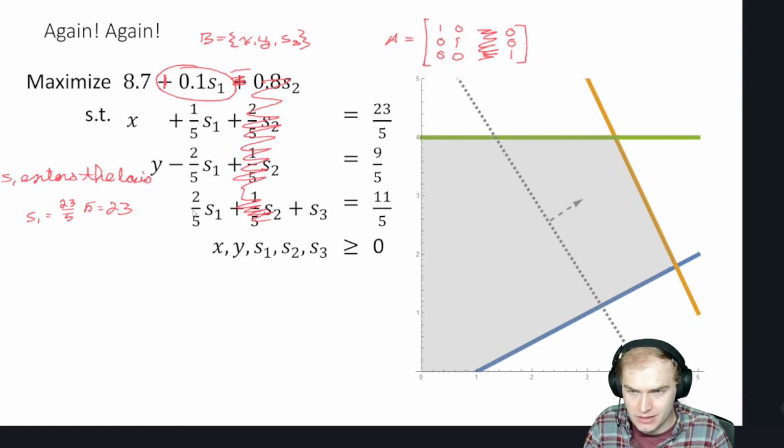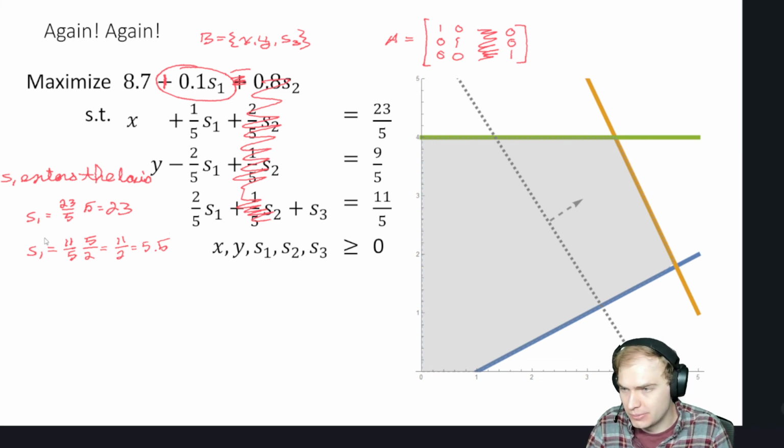The third constraint gives us S1 equals 11 over 5 divided by 2/5, times 5/2, which is 11 over 2, is 5.5.